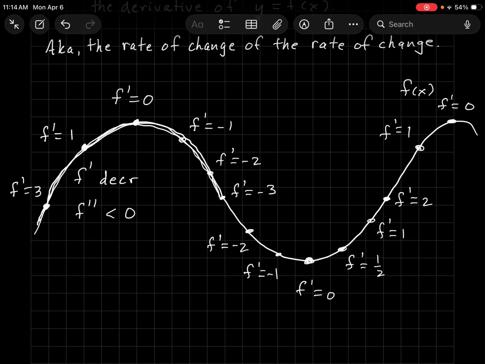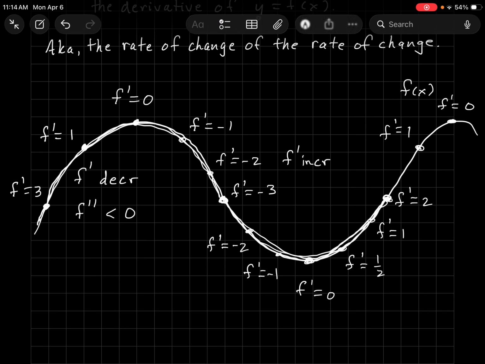Let's take a look on this next interval, so starting right there and going all the way over to here. So on this entire interval, what can you tell me about f prime? Well, it's not negative on the entire interval, nor is it positive, but on that entire interval, I do see that f prime is getting bigger.